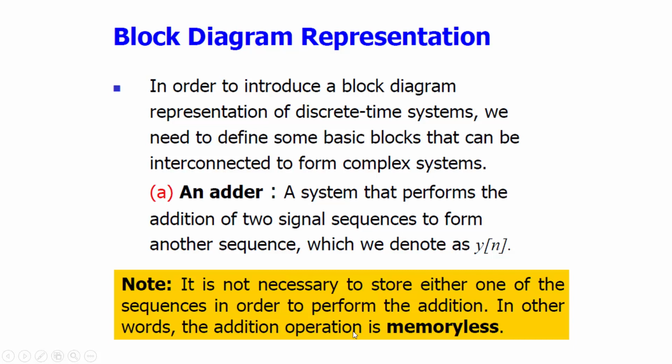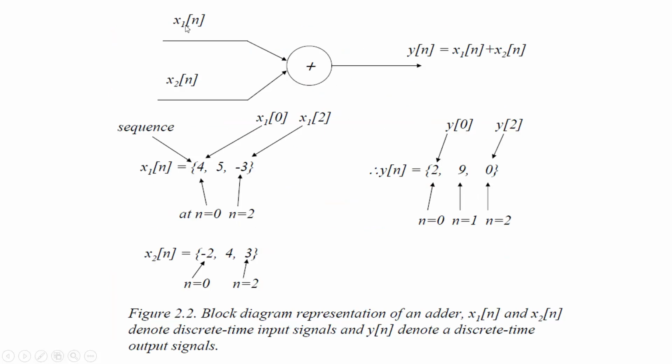And this is a memoryless component of the block diagram. So if x1[n] and x2[n] are two discrete sequences, this is the adder symbol, and it is used to show the summation of these two discrete sequences to get y[n]. All right, the rest of the things are self-clear, because if this is one sequence, this is another sequence.